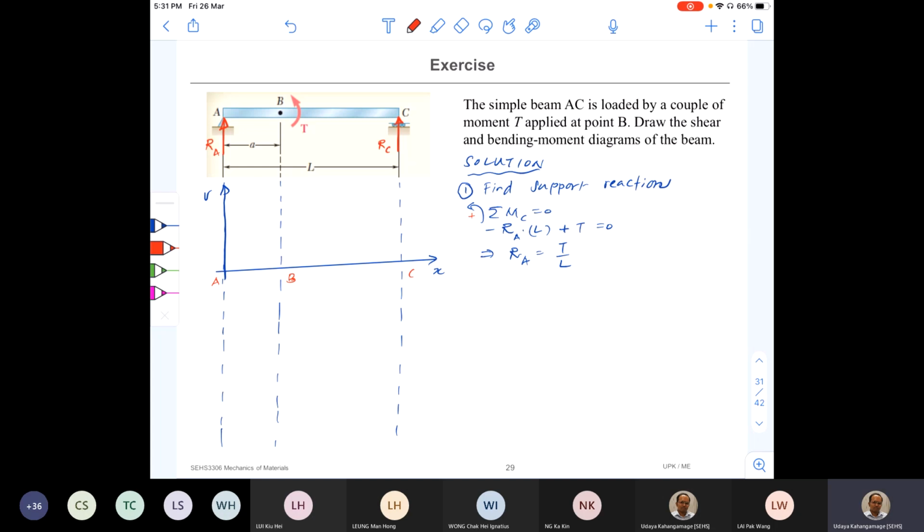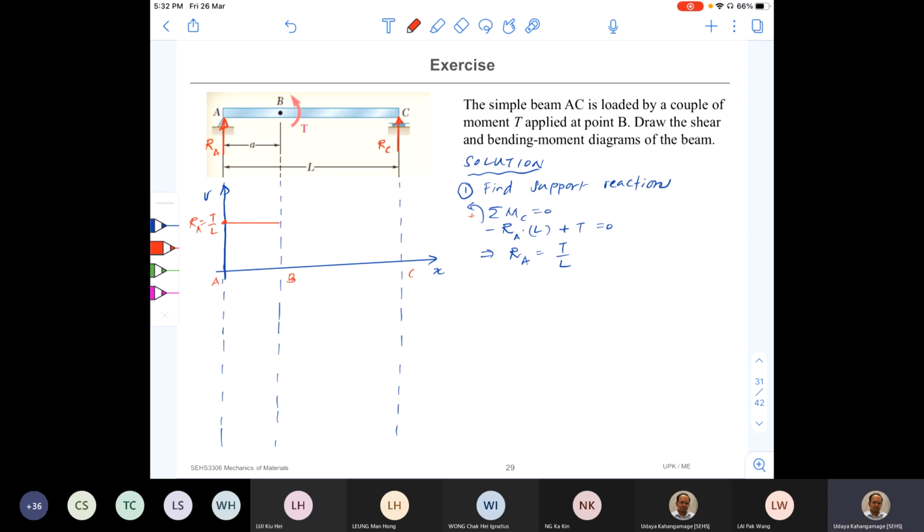It is equal to the reaction force at that point, right? So I'll mark that point here. It is equal to RA, which is equal to T by L. So from A to B, shear force should be the same, right? No other forces. T by L is a straight line like this, constant.